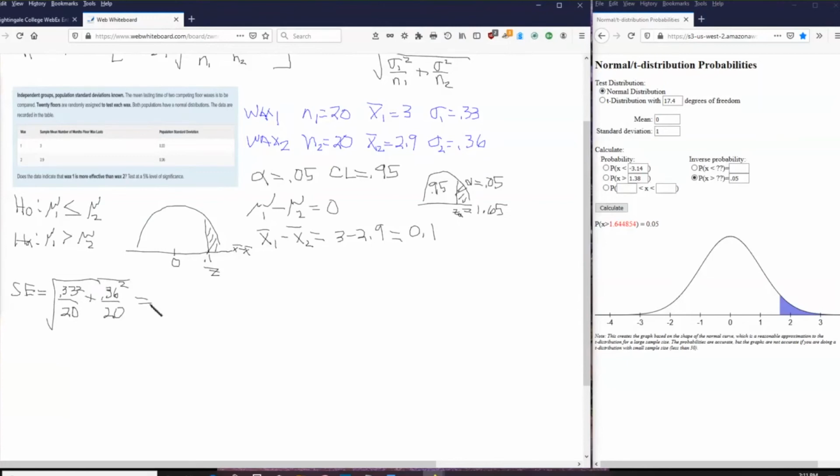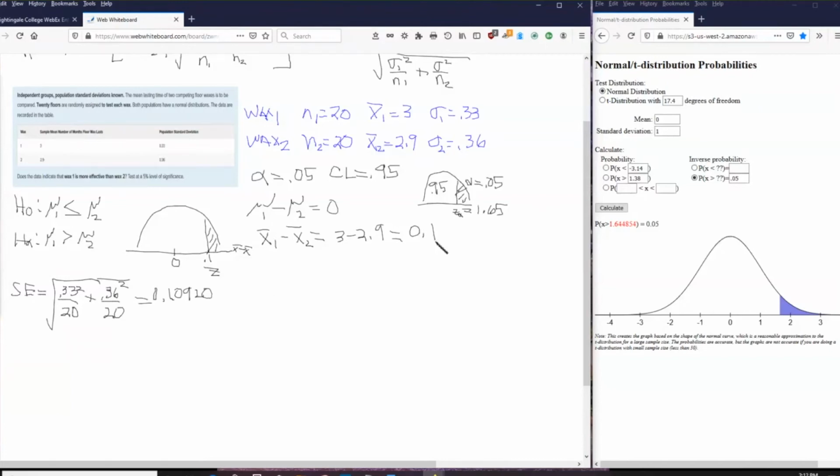Sum them and take the square root, and that's going to give me a standard deviation of 0.10920.